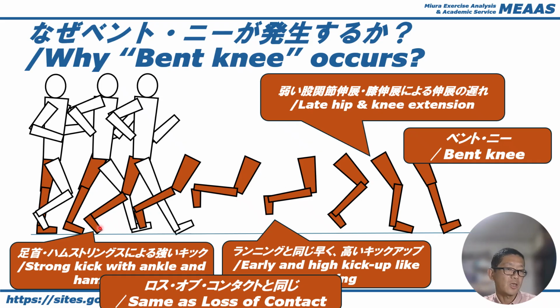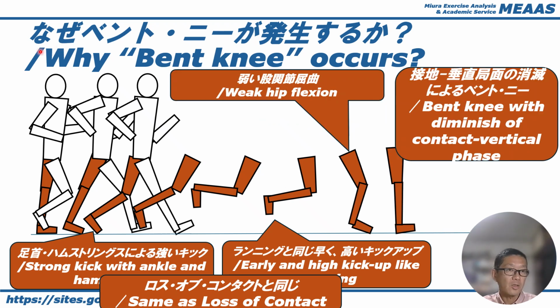They kick strongly with the ankle and hamstrings, kick up high and early, and swing the shank early. So they cannot extend the knee at contact until the contact, so that is judged as bent knee. This is the first typical category.